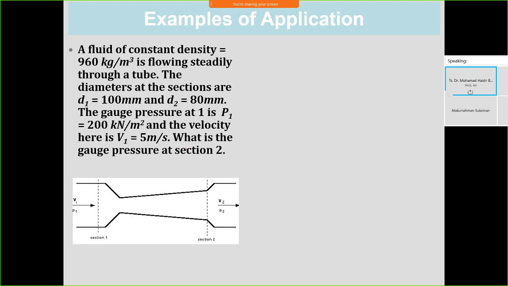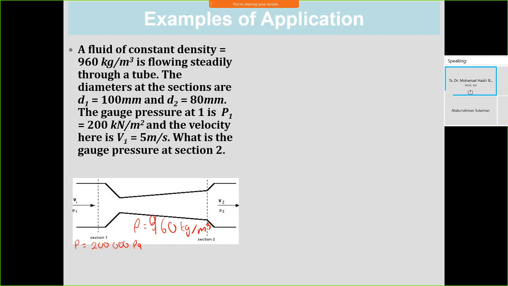Okay, so what does the question give? They give the rho, the density of the fluid, 960 kilogram per meter cube, and it also gives the pressure at point 1, P equal to 200,000 pascal.